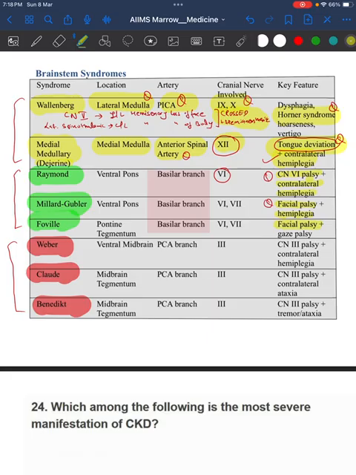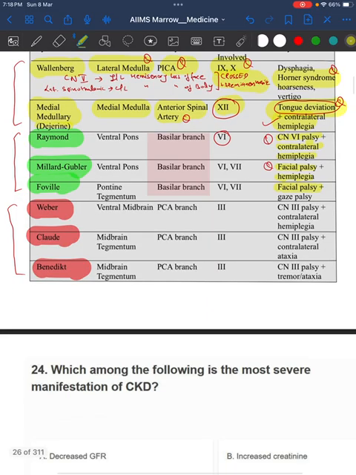That's it. Then coming to the midbrain, all will be supplied by the branches of the posterior cerebral artery. Now the important points again are Weber syndrome, which is 3rd nerve palsy and hemiplegia.